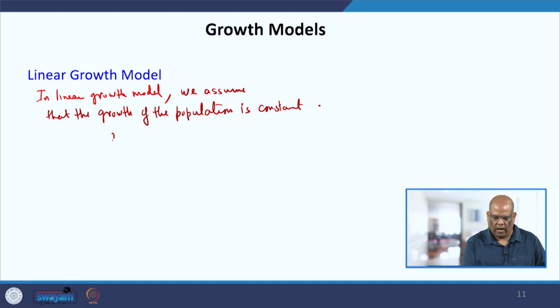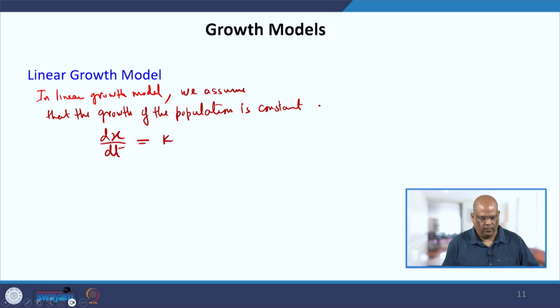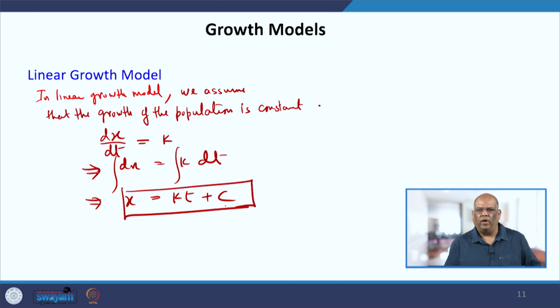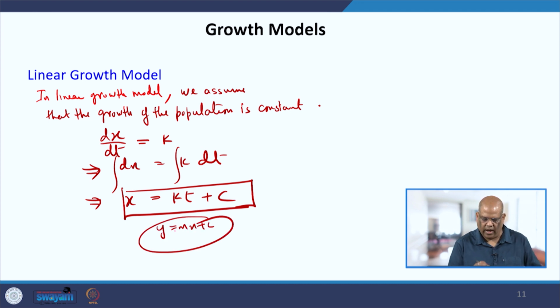So, if x is the population, the rate of change of growth is a constant. It is a simple differential equation. If we just solve it, we will get x equal to kt plus some arbitrary constant c. If we plot this graph, as you can see, this is of the form y equal to mx plus c, which is a straight line where m is the slope and c is the y intercept.